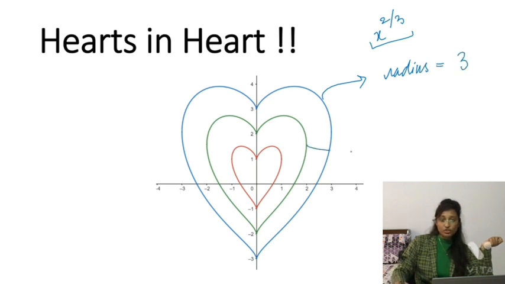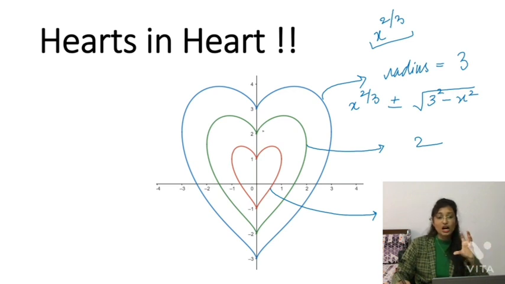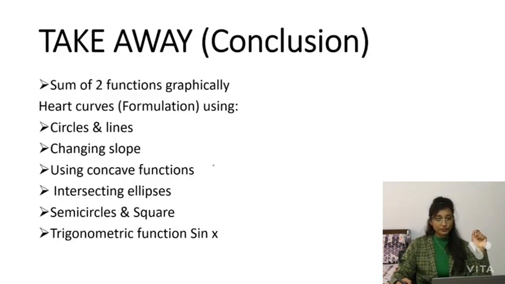Here I've used the radius as 2, and here I've used the radius as 1. By changing the radius, we have to put the curve as 3 squared minus x squared, pulling it up along. And here also 4 minus x squared, and hence hearts in heart have been formed.